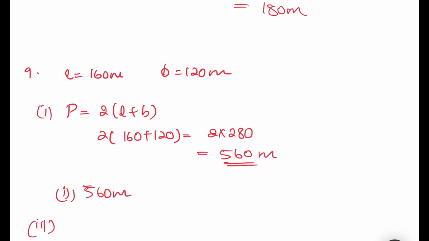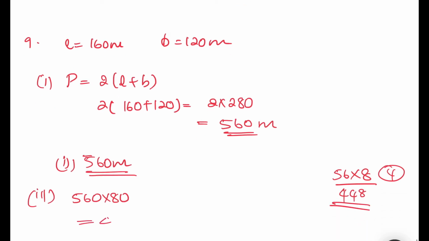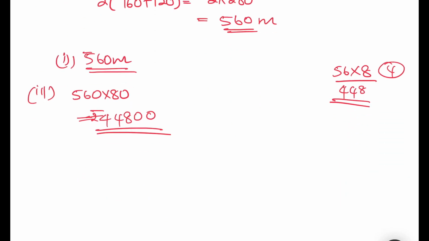The cost of fencing the field is at the rate of rupees 80 per meter. So 560 into 80 will give you the answer. 6 8s are 48, 4 balance, 5 8s are 40, so 448 you will get. Hope it's clear, children. So it's 44,800 rupees.